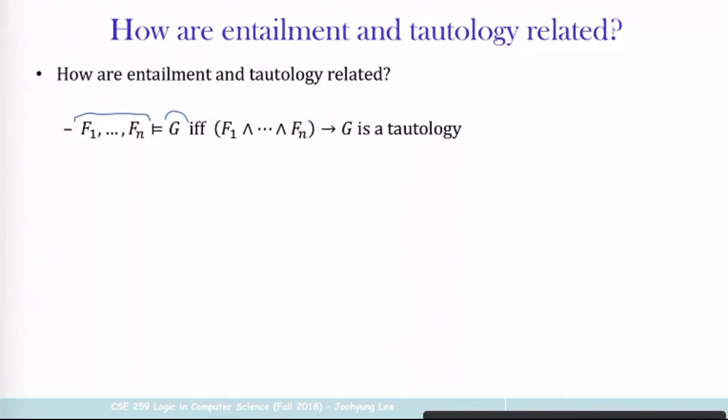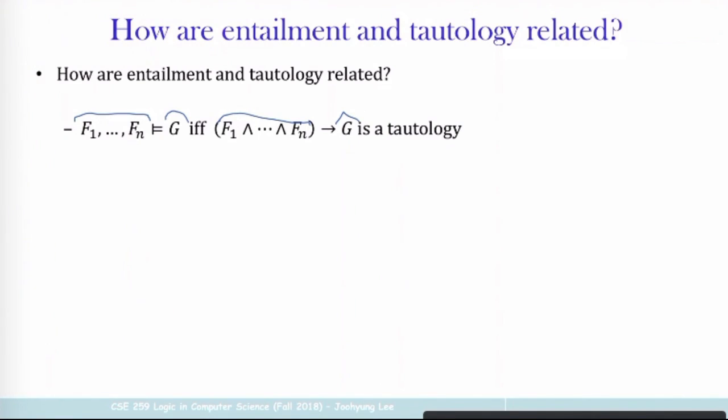Meaning that if this is true, then this must be true for all interpretations. If you don't know exactly what entailment means, you can rely on this proposition to understand entailment in terms of tautology. You just make all formulas in the premises a conjunction, and if that implication itself is a tautology, then you can say the entailment is true.